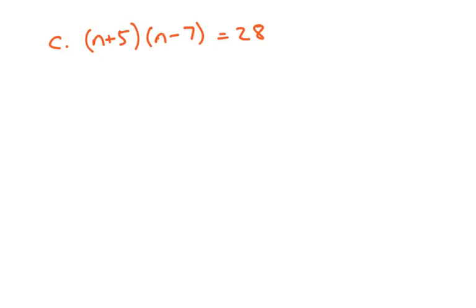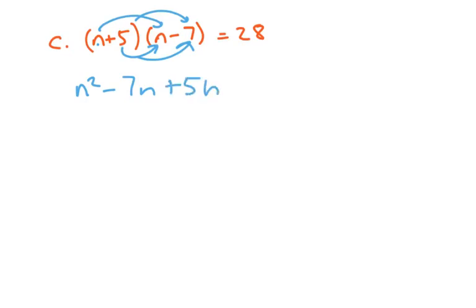So what we do here is we FOIL. FOIL is a fancy way of just saying you multiply everything by everything else. So n times n is n squared. n times negative 7 is negative 7n. 5 times n is 5n. 5 times negative 7 is negative 35, which equals 28.